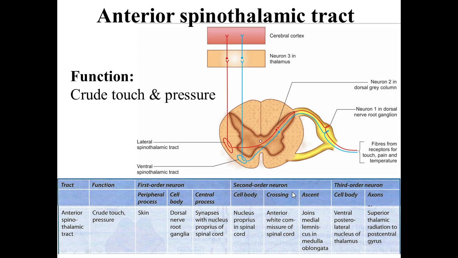So the peripheral processes receive the sensations from the skin, and these fibers enter into the dorsal root ganglia where the cell bodies are located, and from the dorsal root ganglia the axons of the neurons enter into the grey matter of the spinal cord. And in the grey matter of the spinal cord, these axons synapse with the tract cells of the spinal cord.